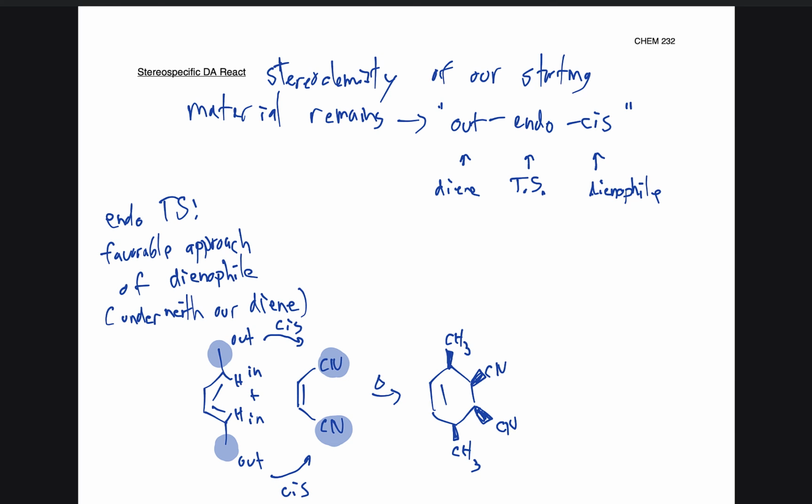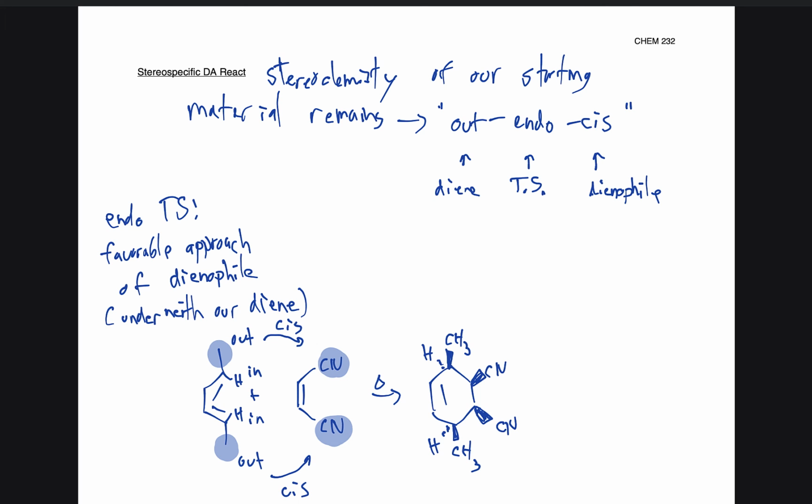Right, we're not drawing them in, but we can, right? Our hydrogens are going to be on the dashes here. Right, these in groups. Okay. So this is the general formula here, right? These out groups on our diene are going to be on wedges, and the groups facing away on the dienophile are also going to be on wedges.